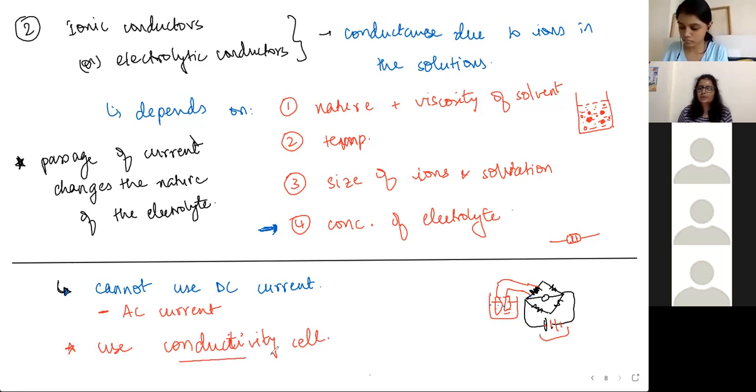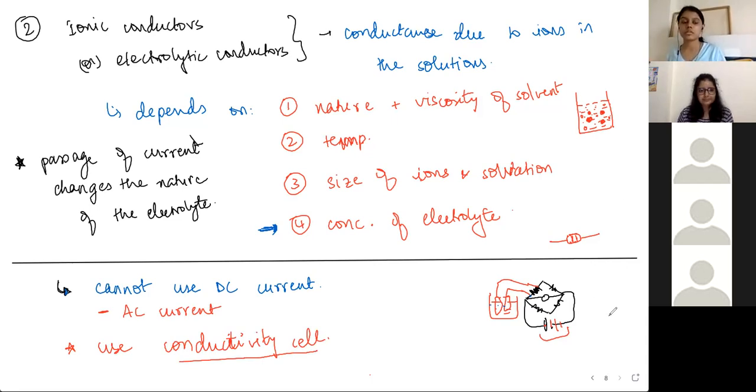That setup is called a conductivity cell. We'll get into the designs of the conductivity cell and how it is used for measurement.